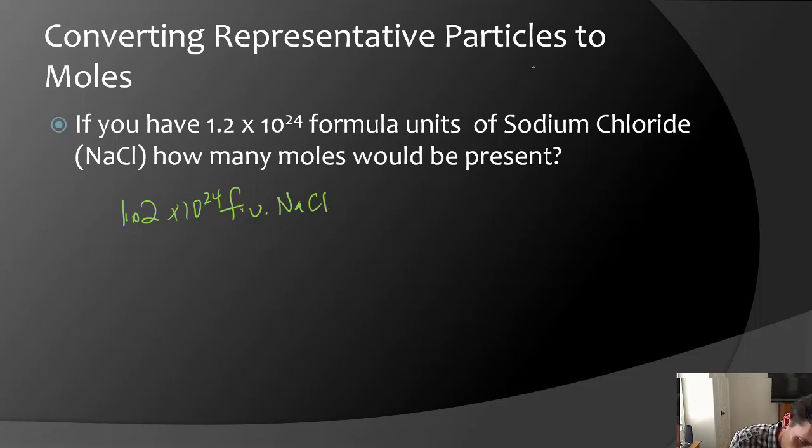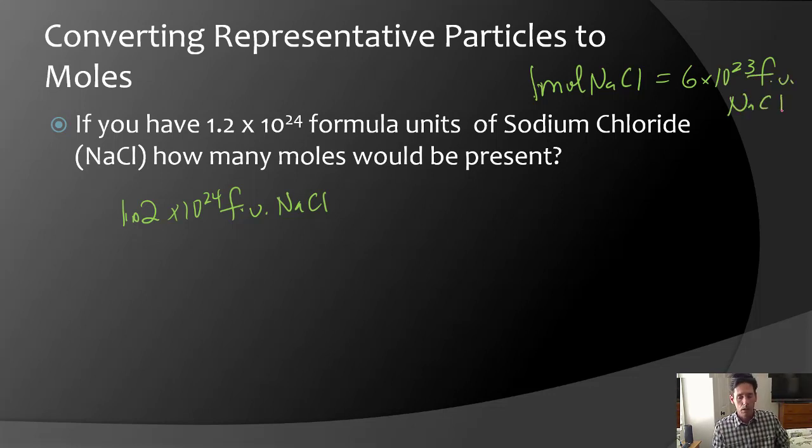Now, remember, 1 mole of NaCl is equal to 6 times 10 to the 23rd formula units of NaCl. Okay, so according to this, we're going to put this over 1.